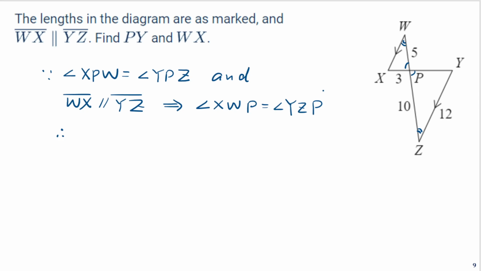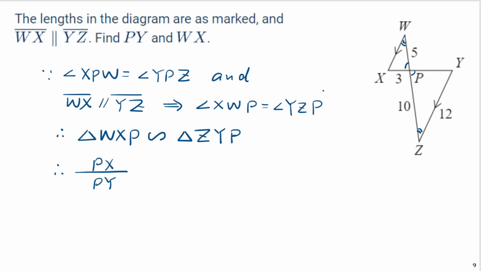Two pairs of equal angles indicates triangle WXP is similar with triangle ZYP, right? Remember to write the corresponding vertices in order. Hence, we have PX over PY equals WX over ZY, which also equals WP over ZP, right?